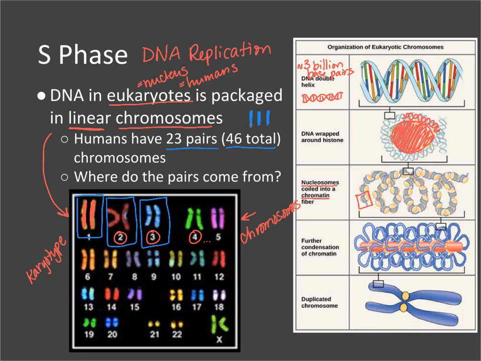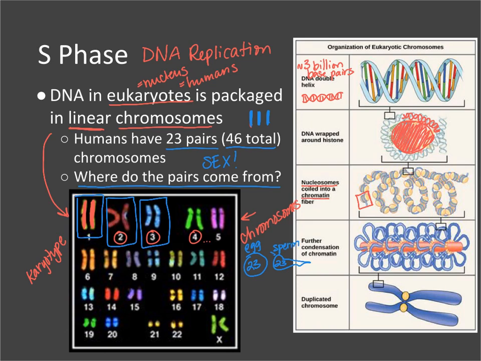And so basically, if we answer this question, where did these pairs come from? They really come from sexual reproduction. So approximately 9 months before you were born, your parents had sex, and that's how they made you. And so what happened is that your mom had an egg, and that egg had 23 of these bar-shaped chromosomes in it. Your dad had a sperm that also had 23 of these chromosomes.